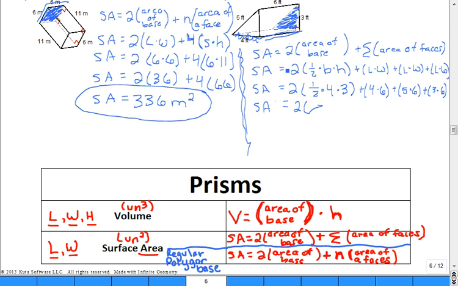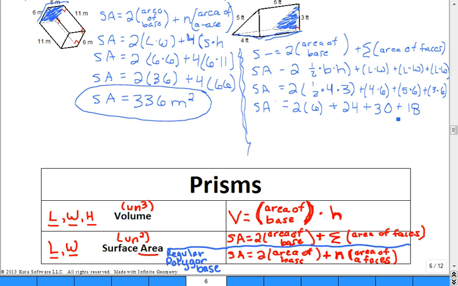So I have 2 times 1/2 of 4 times 3, which gives me 2 times 6, plus 4 times 6 is 24, plus 5 times 6 is 30, plus 3 times 6 is 18.